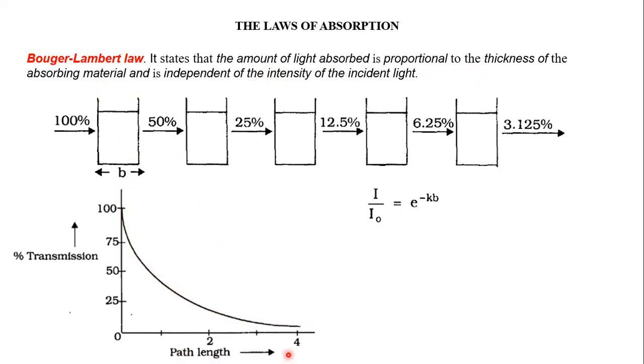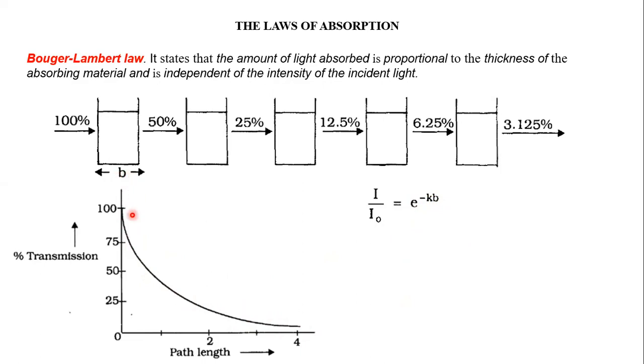Okay, so there is a thickness value plotted over here, which is referred to as path length, and the amount of transmitted light is decreasing. If I want to represent it in mathematical terms, because there is an exponential decrease, it is represented as e raised to minus kb, because the slope of this curve is negative, it is decreasing, right? Now k is a proportionality constant, b is the thickness value.